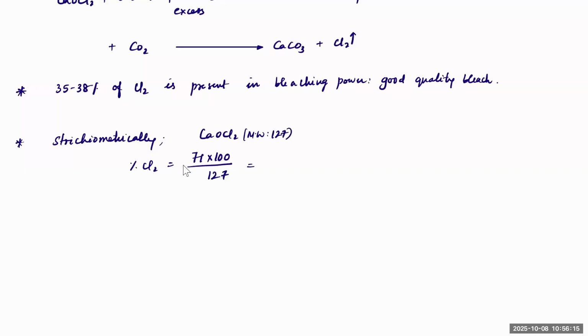So if you have only chlorine and no other components or impurities, how much should it be? 55.9 percent should be present. What I said, even if it is around 36 to 38, we call it a good quality bleach. Is this point clear, beta?